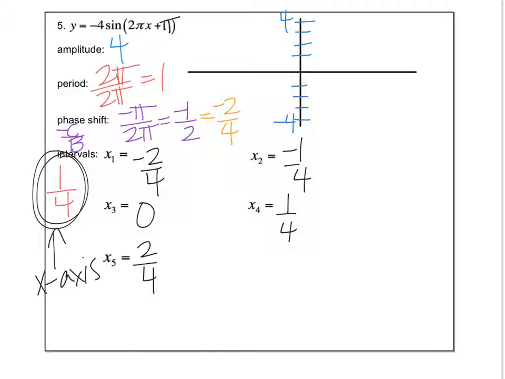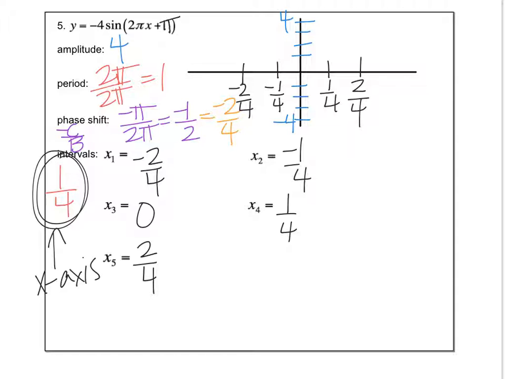I'm going to go left twice: -1/4, -2/4 is my starting point. Then I also go to the right, 1/4 and 2/4, to get all those values. So you have to look at your starting point and how much you can increase by so that your intervals all stay equal. All those intervals are 1/4, so I know I'm keeping the graph equal like it's supposed to be.